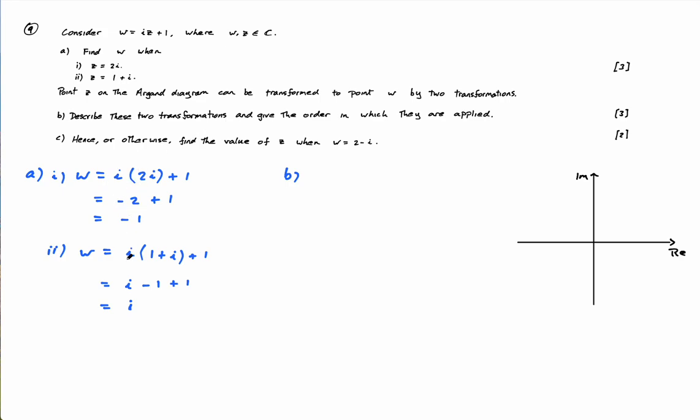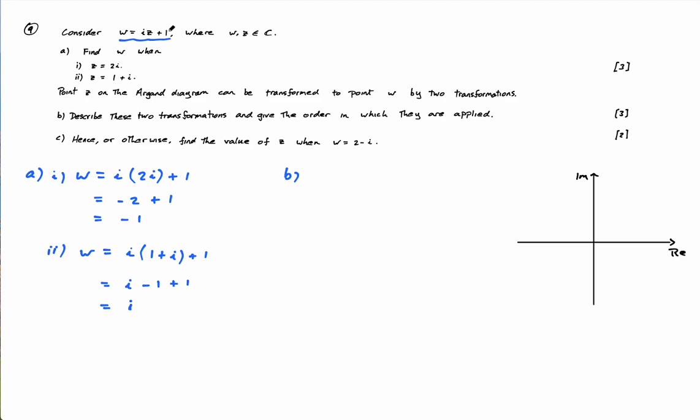One, look at the two that we've done and try and figure out what's happening. Or, if you actually look at this, we're going to multiply a complex number by i and then add 1.